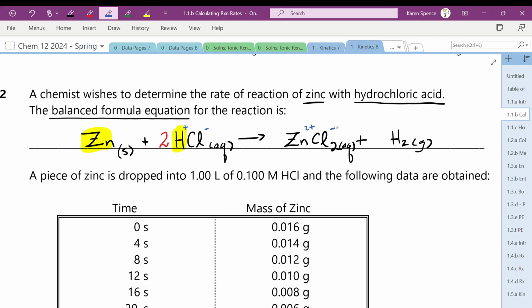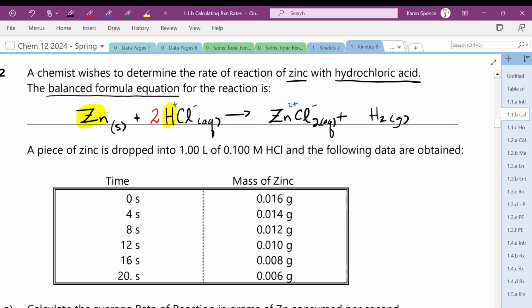And what conditions do we need in order to measure the change of mass? We need to have an open system. And what's an open system going to do for us? It's going to allow the gas to escape. What will happen to the mass of the system over time? It's going to decrease as that gas leaves.